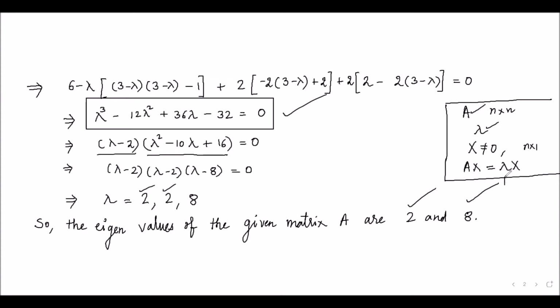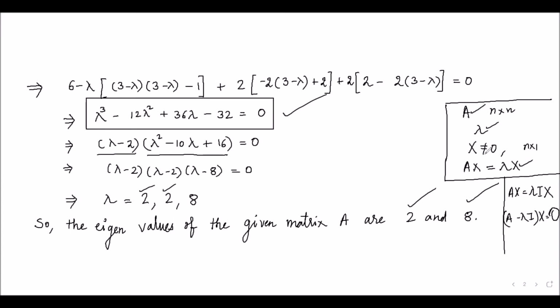This equation can be written as follows. On the right hand side, we can introduce the identity matrix of order n, and write this vector x as Ix. And if we simplify it further, taking lambda Ix to the left hand side, we can write it as A minus lambda I times x is equal to 0, the null matrix.